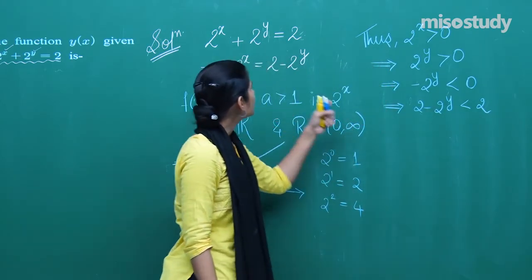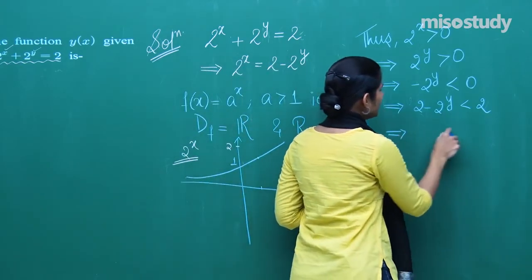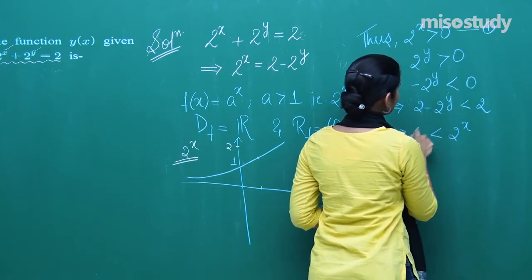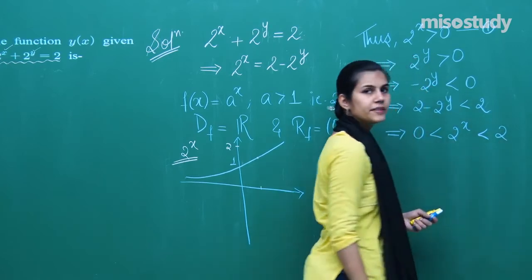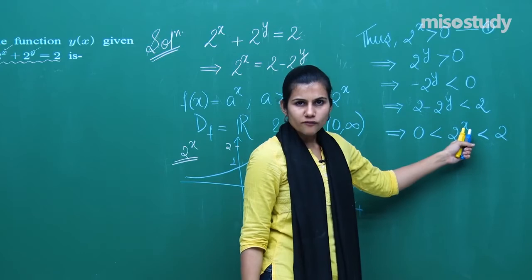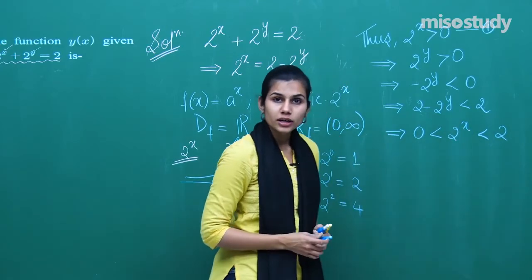But 2 minus 2 to the power y is nothing but 2 to the power x, and I get that 2 to the power x is, yes, greater than 0 but less than 2 in this case. So, which are those values of x for which 2 to the power x is greater than 0 but less than 2?